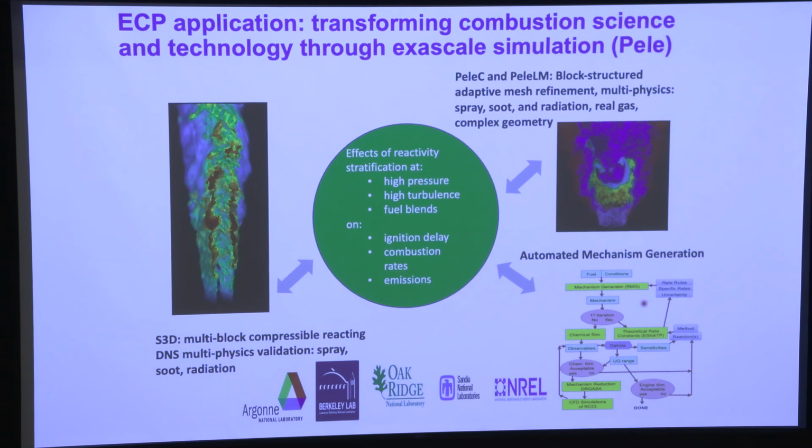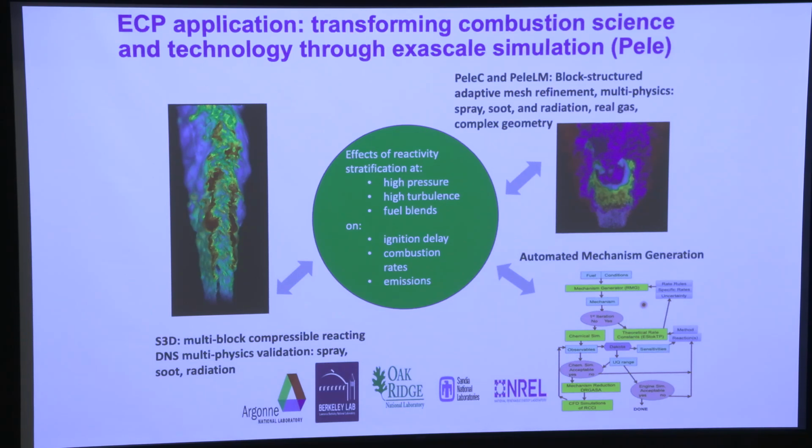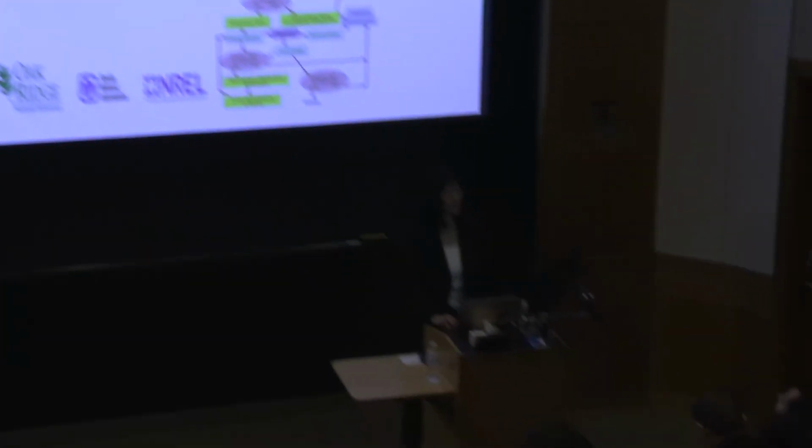This, by the way, was a collaboration among 3 or 4 national labs, plus collaborations with several universities, including Bill Green at MIT and Tim Liu at University of Connecticut on the chemistry side. And so with this capability, we thought we could start to treat things like IC engine combustion and gas turbine combustion and even supersonic flows.